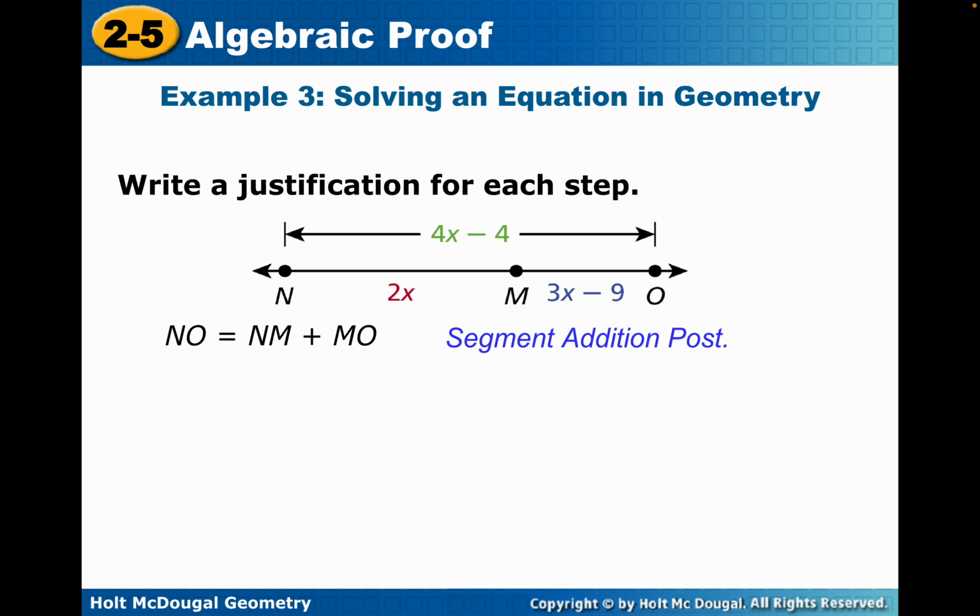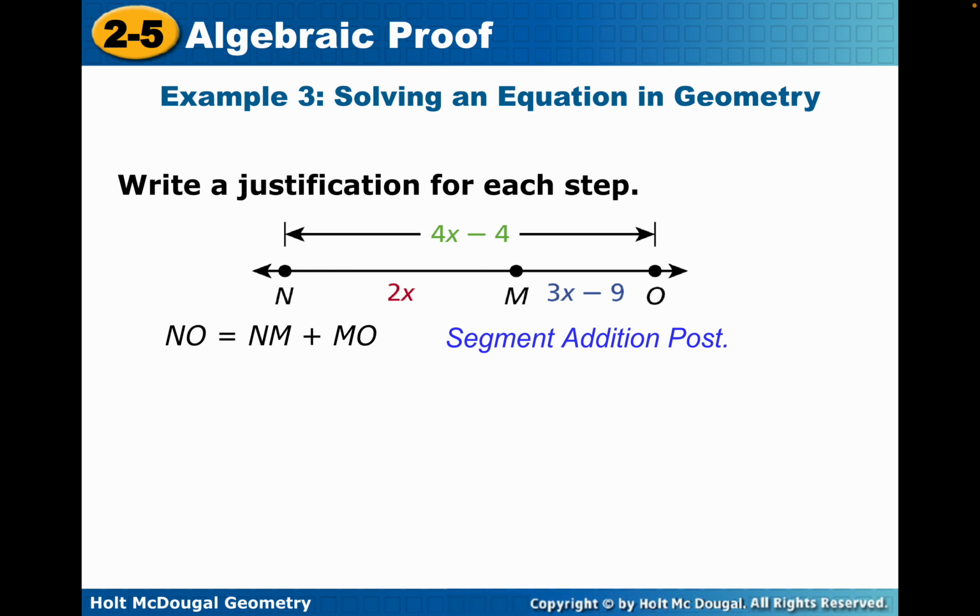Okay. And our reason, all right, is segment addition postulate. If you want to abbreviate, you can abbreviate. But does anyone remember when we talked about postulate, what that means? And that's okay if you don't. But postulate, just think of it as stating the fact.